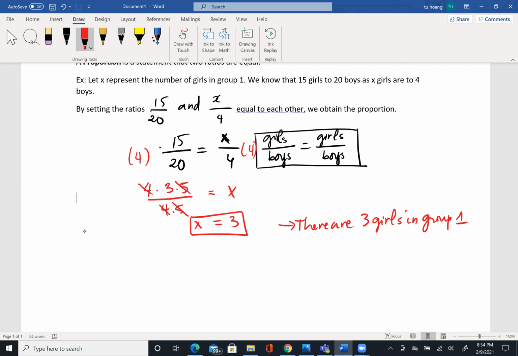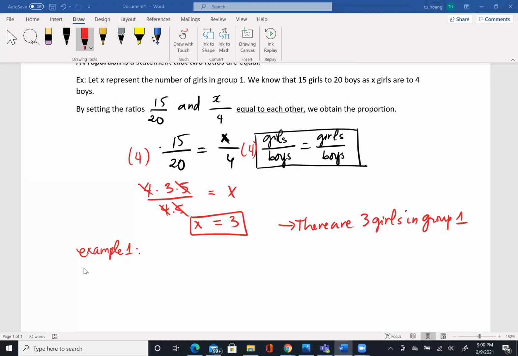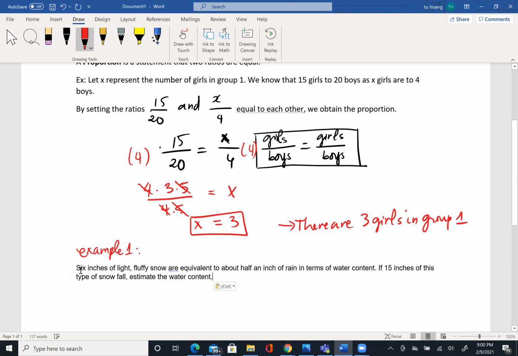Okay, so let's do another example. Example number 1. 6 inches of light fluffy snow is equivalent to about half an inch of rain in terms of water content.